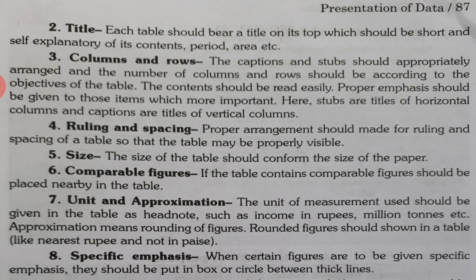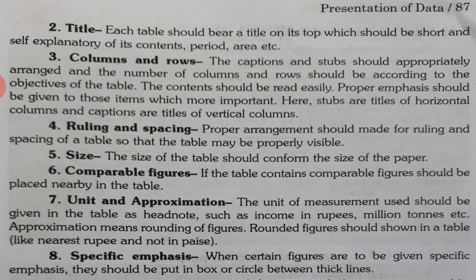Now on your screen you are seeing rules for tabulation, or you can say how to construct a statistical table. So it must have a title on the top, and it is to be very short and self-explanatory of its contents, period and area. While making a table, table means a schedule. So without columns and rows it is not possible to draw a table.